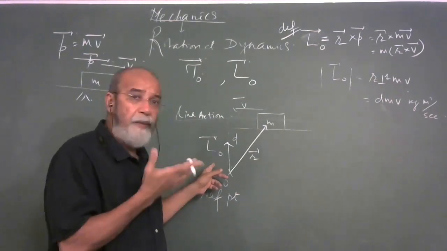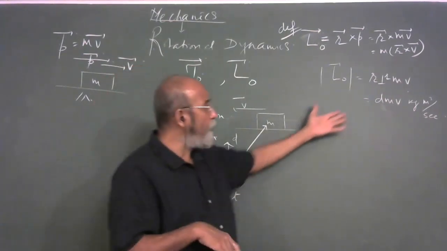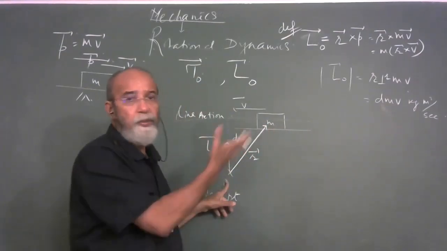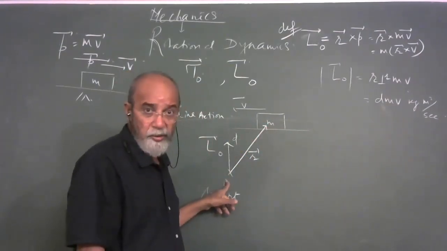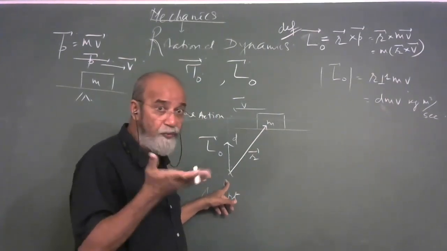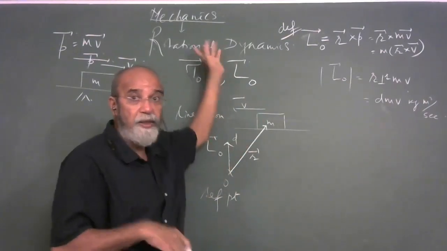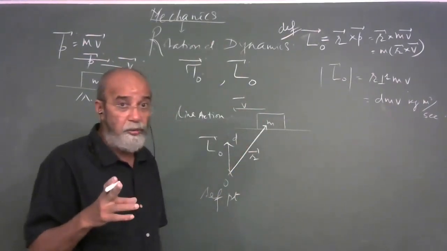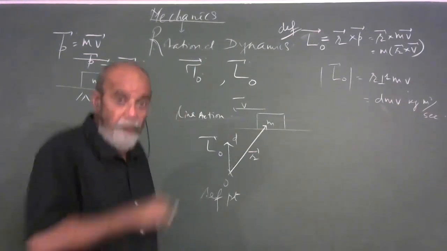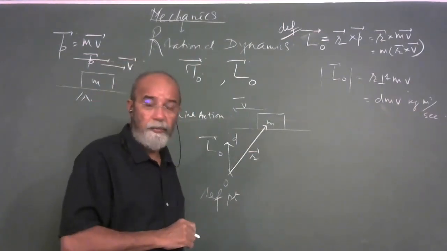Otherwise, academically, you can find the value for this particular dynamic situation by taking a reference point. You remember this, you can find it. An examiner will ask you to find it for a dynamic situation where there is no rotation. You better find it, and don't say not possible.